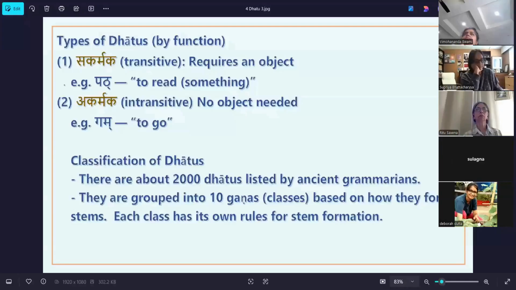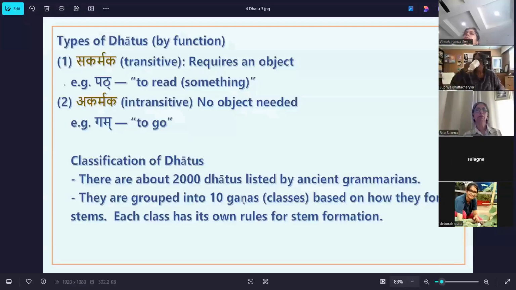So there are about 2000 dhatus listed by ancient grammarians, and as I have told you, they are grouped into 10 classes or ganas. Bhvadi gana, adadi gana, churadi gana, so many are there, based on how they form stems. Each gana is declined in a different way, but the difference is not extreme. It is very similar.